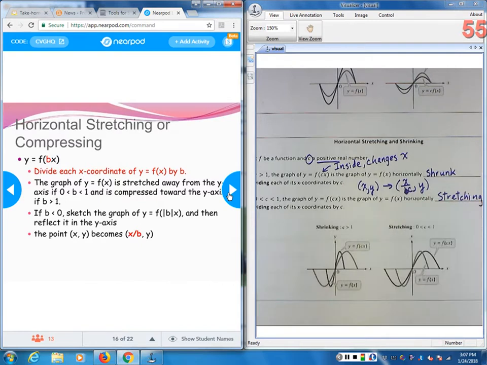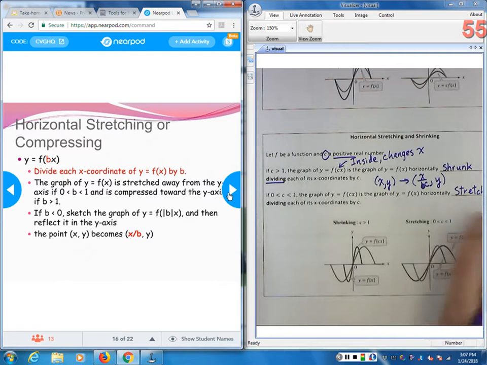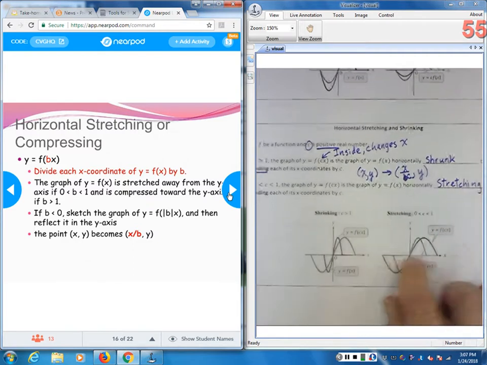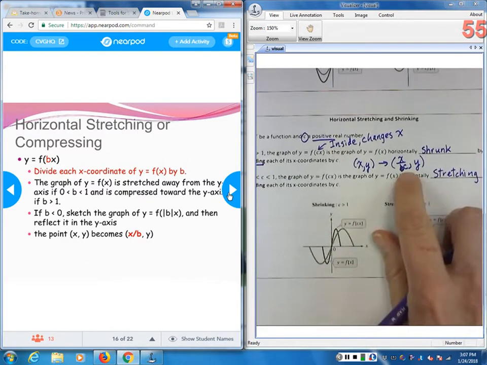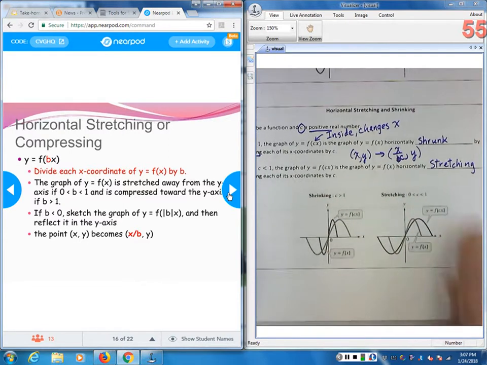On the notes, we have the constant in c. So we have to divide. And so if we divide by a number more than 1, we're making the period smaller. If we're dividing by a number that's a fraction between 0 and 1, that becomes a larger number and we stretch.